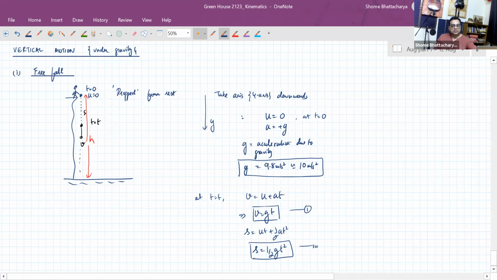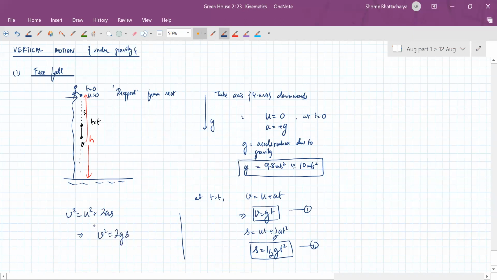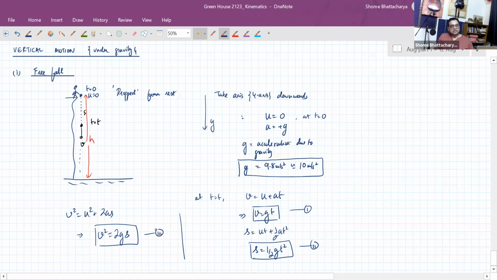And similarly, v square is equal to u square plus 2as, so here v square will become 2gh because u is 0. So these are the three important equations.